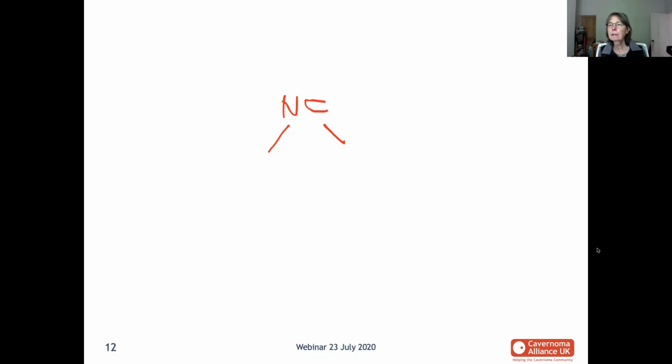Yes, they can. Genetic test. If you have a familial cavernoma, any cell in your body has one CCM mutation. All the cells in your body carry that mutation.